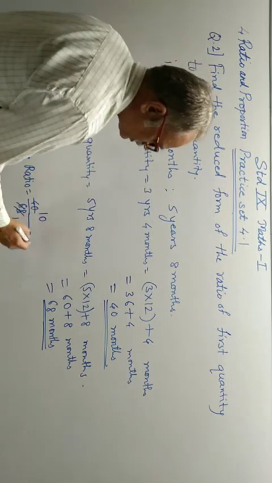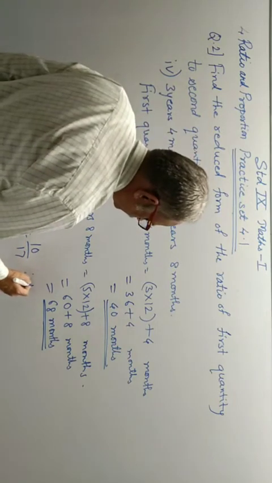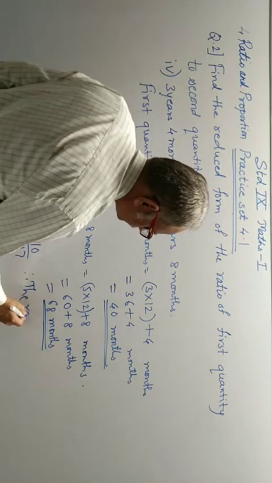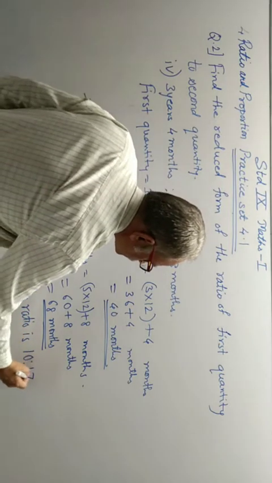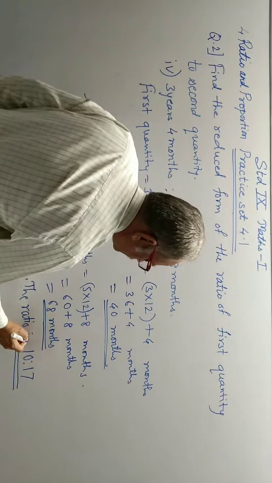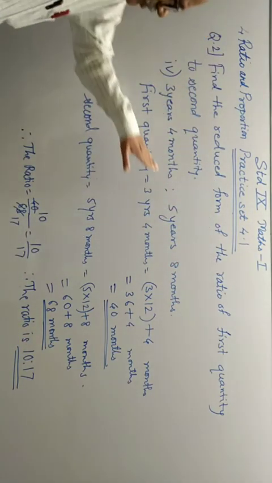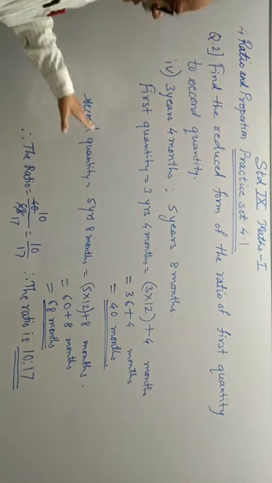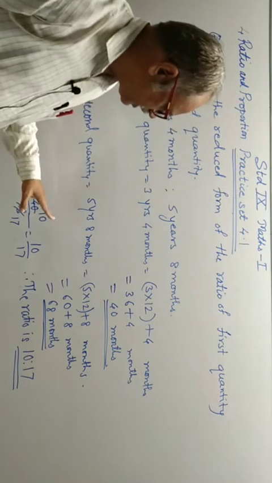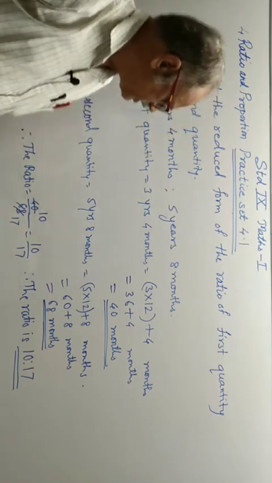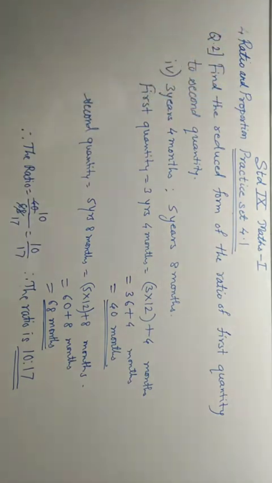So 40 upon 68 is 10 upon 17. Therefore the required ratio is 10:17. Write things neatly. The first quantity is simplified in months, the second quantity is converted in months, then the ratio 40 upon 68 is only 10 upon 17. Therefore the ratio is 10:17.